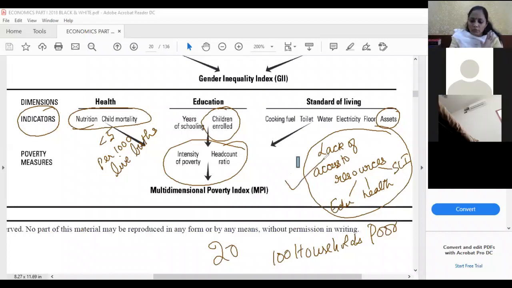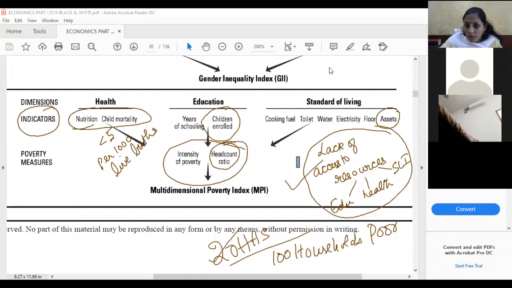Now we have identified 20 households out of the 100 as the poorer households. This 20 will be called the head count. You are counting the heads and reporting that 20 people in India are in poverty. So that's one definition which you can see here.